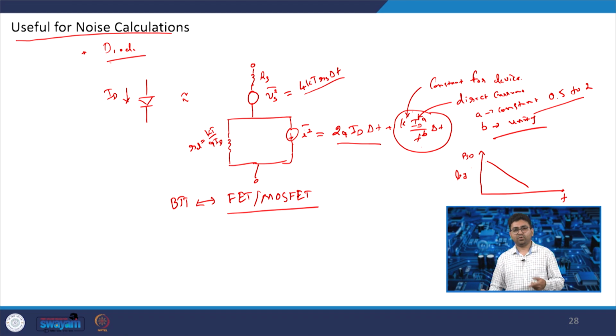We will analyze the noise of BJT, FET and MOSFET in the next class, and we will start linearity as well.